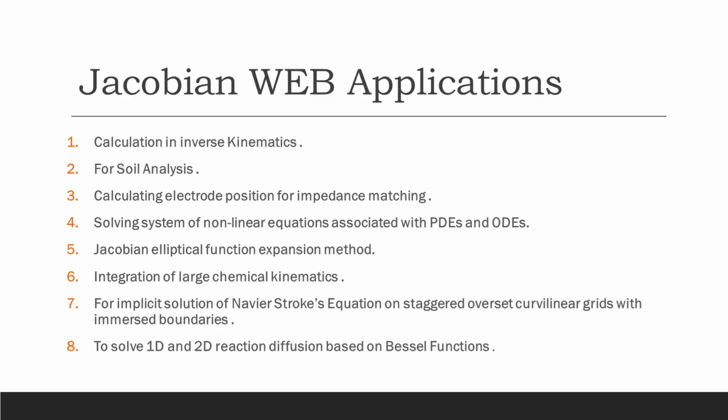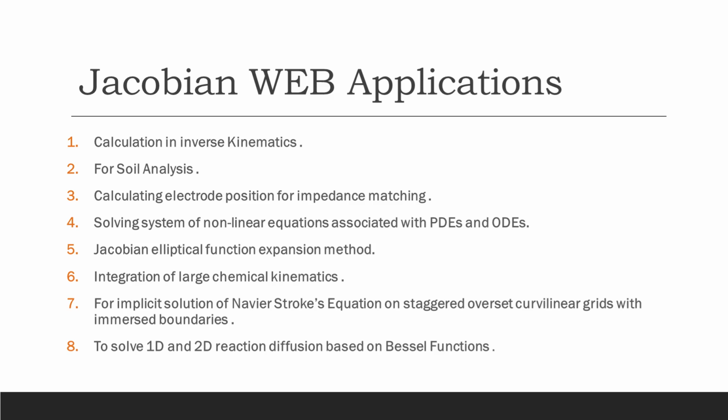Fifth, Jacobian elliptic function expansion solution of nonlinear stochastic equation. The Jacobian elliptic function expansion method is extended and applied to construct exact solutions of nonlinear weak type stochastic partial differential equation.